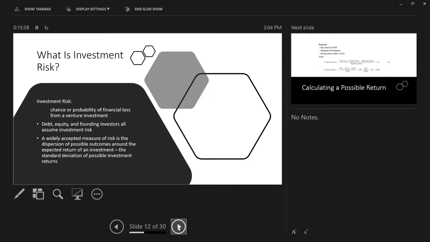So in this situation, our expectation of profit will be different compared to when the economy is booming or stable. Debt, equity, or funding investors like business angels or venture capitalists will all calculate the investment risks before they invest the money in you, right?